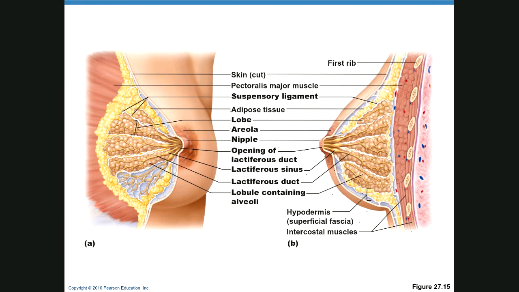Now, one more thing while I've got the mammary gland picture up. These suspensory ligaments that hold it up, if someone is very small, they're probably going to stay strong and hold that thing up. If they're very large, they're probably going to get stretched. A group of French scientists did a study with women.